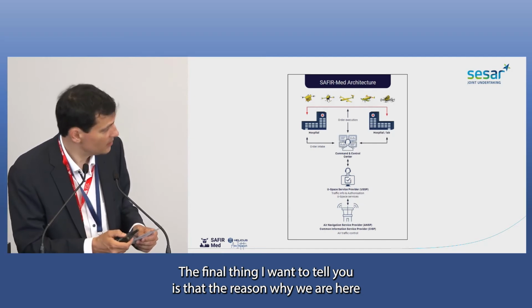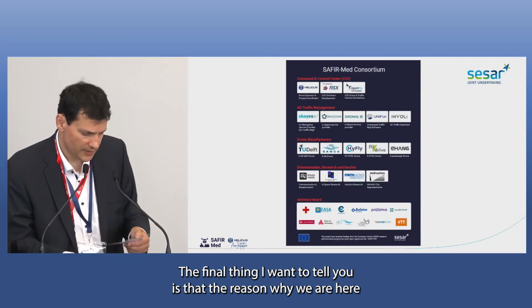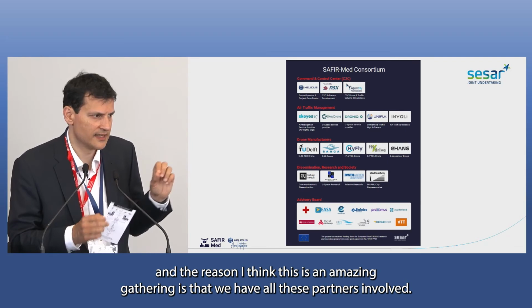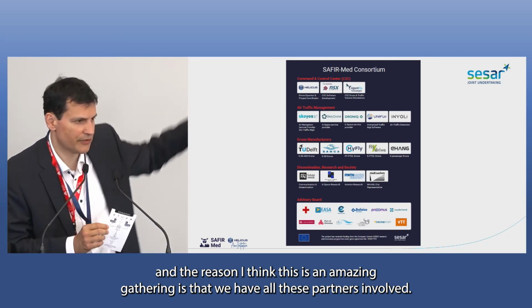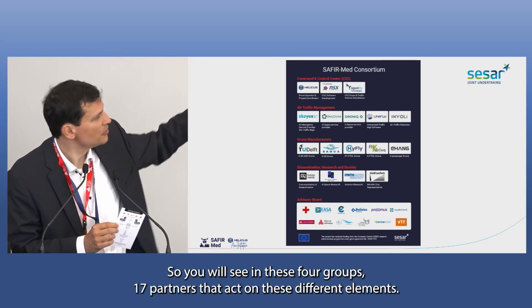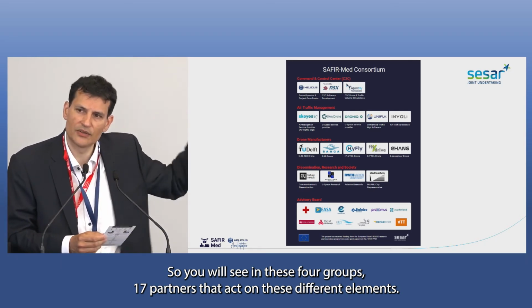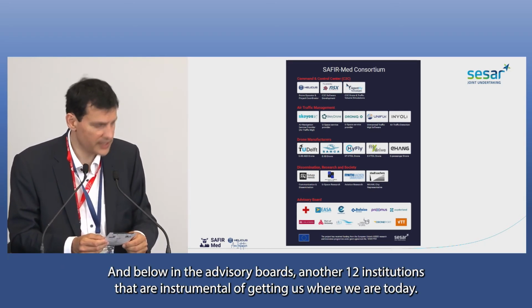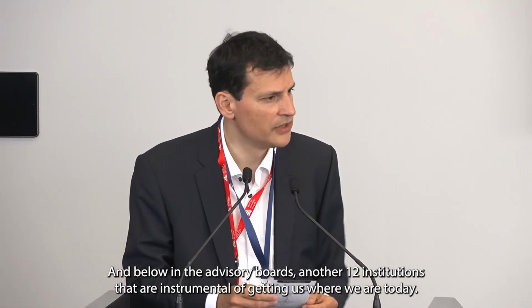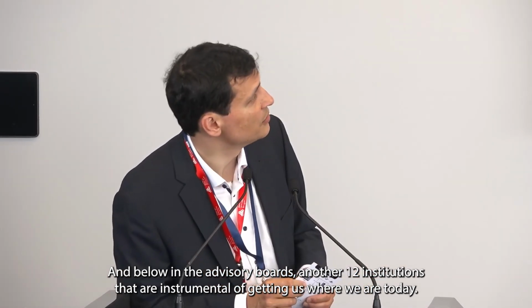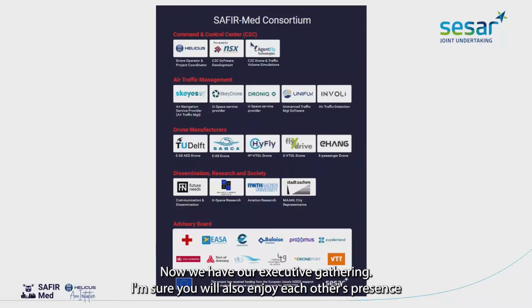The final thing I want to tell you is why we're here, and why I think this is an amazing gathering: we have all these partners involved. You will see in these four groups 17 partners that act on these different elements, and below, in the advisory boards, another 12 institutions that are instrumental in getting us where we are today. Now we have our executive gathering.